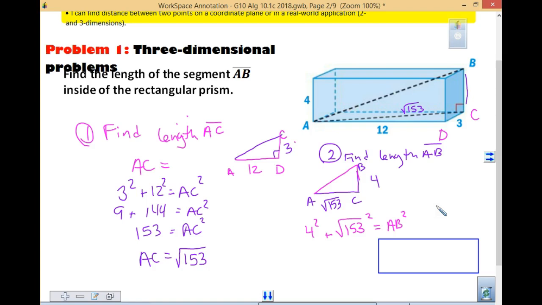It's 153, right? So I do not want to put a decimal and square a decimal, and it's not going to be exact. So in this case we are going to take 16 plus 153. So we're going to have 4 squared, 16, plus 153 is equal to AB squared.